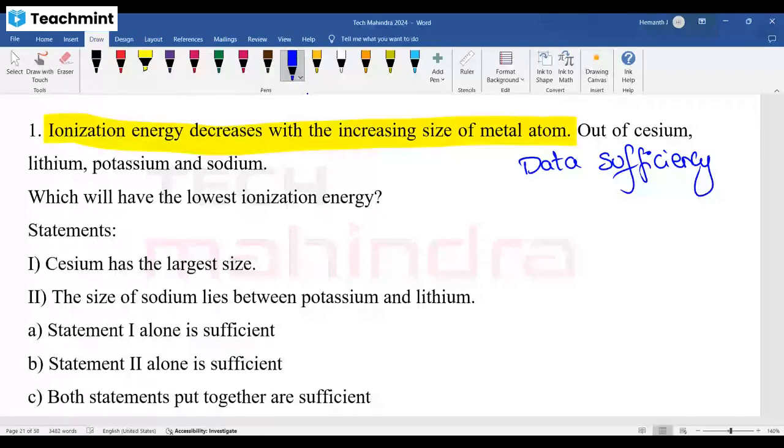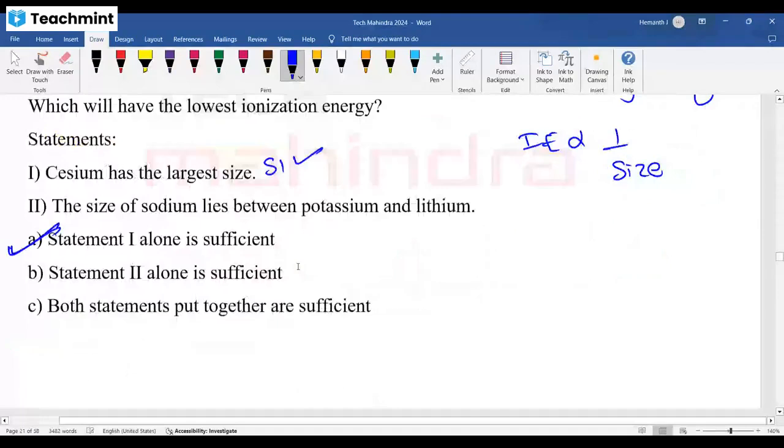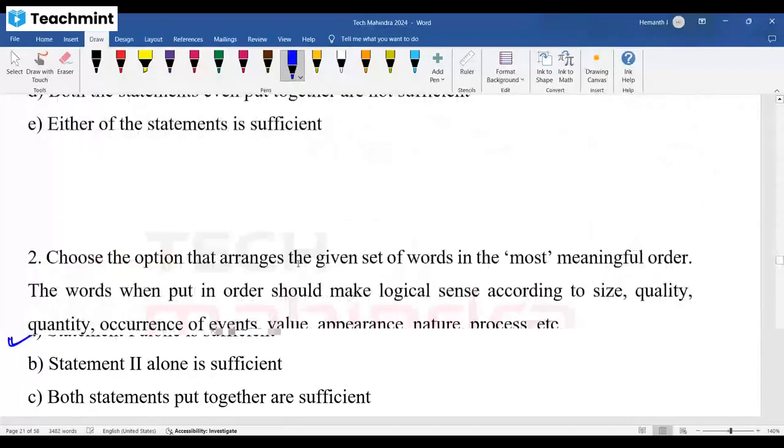Cesium has the largest size. So statement 1 alone is sufficient. When cesium has the largest size, it should have the lowest ionization energy. It's clear cut. Statement 2 alone I cannot decide. 1 alone is sufficient.